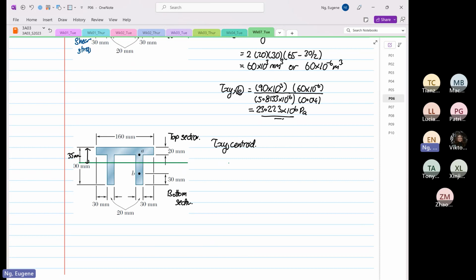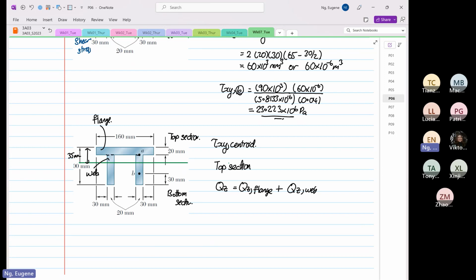If we look at the top section, the QZ is equal to QZ of the flange plus QZ of the web. As you already know by now, this is known as the flange, and this part is known as the web.